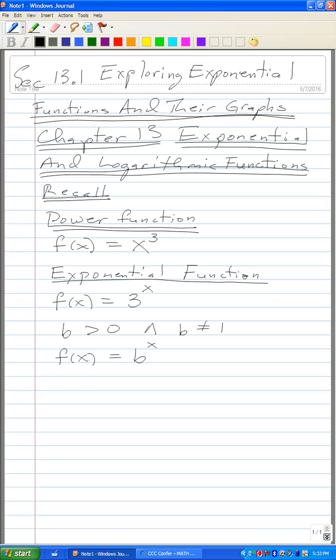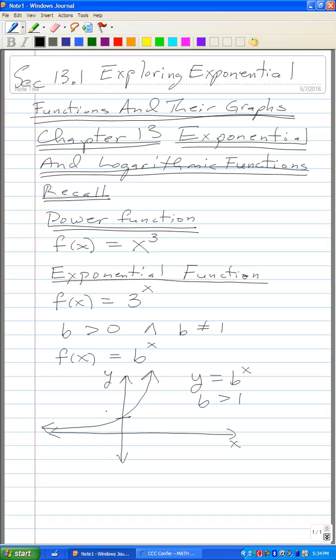Let me look at the graph of an exponential function. Suppose we want to look at the graph of y equaling b to the x. In this case, b is greater than 1.